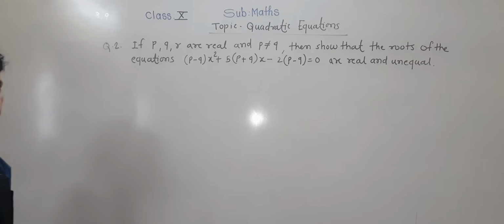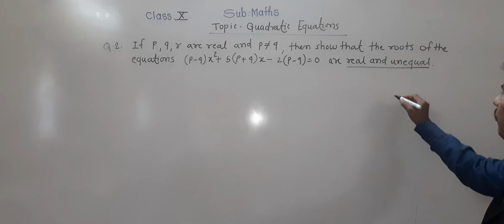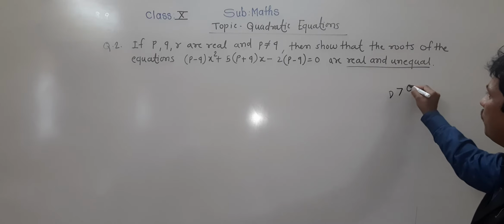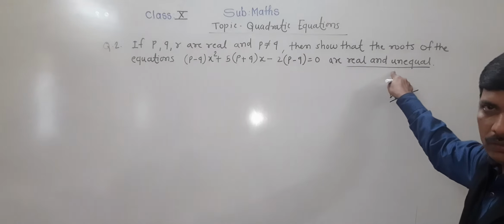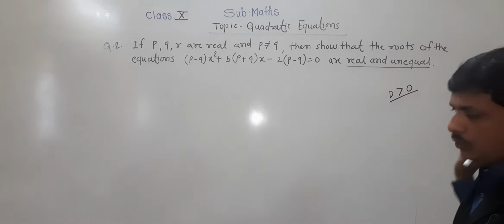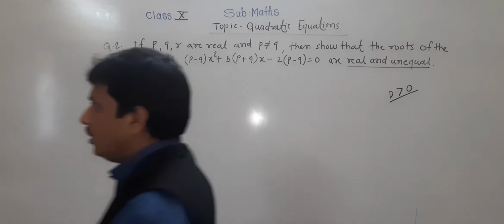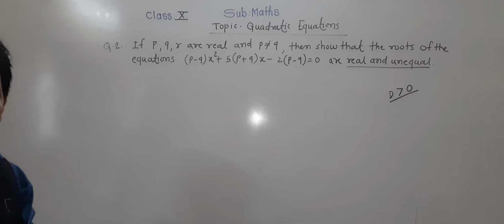From this condition you will come to know the condition of D, the discriminant. D will definitely be greater than 0 because the roots are real and unequal. So D is greater than 0. This is the first thing which we are going to use.